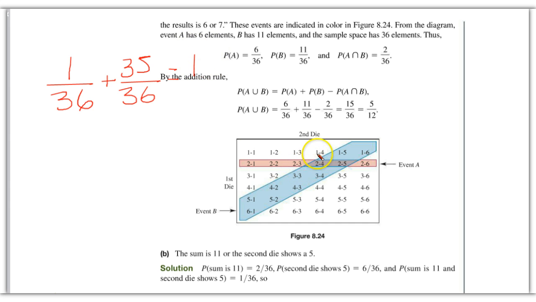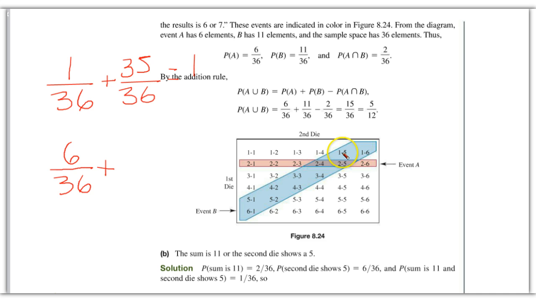Now, how many, when you roll, will have at least a 2? Well, there's 1, 2, 3, 4, 5, 6. So that would be 6 out of 36. Now, how many will have a sum of 7?